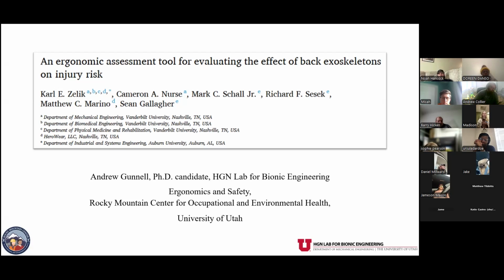Now I'm going to go into why EMGs and all these other results are really hard to replicate, and how some other assessment tools might be better for companies to evaluate using a back exoskeleton. So that's what this study tried to do.